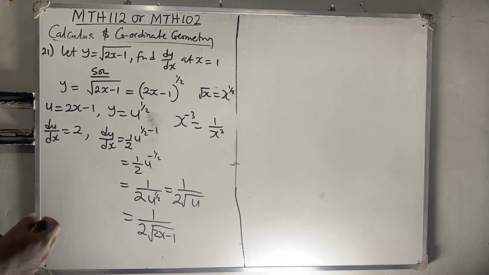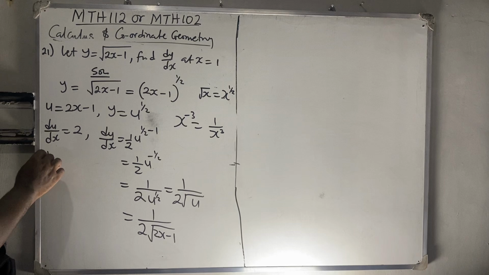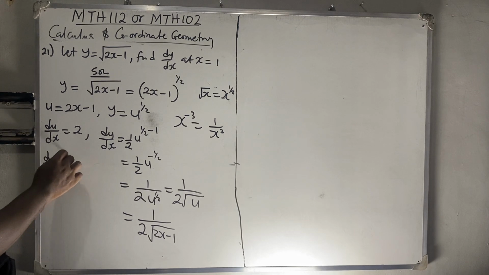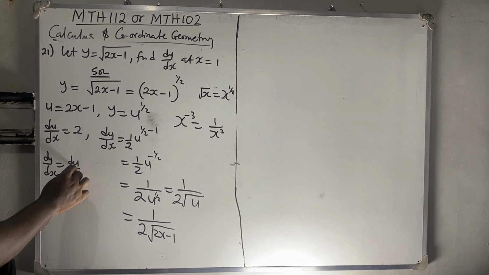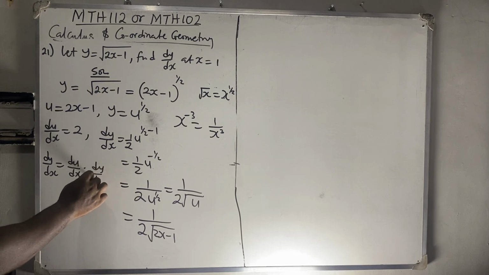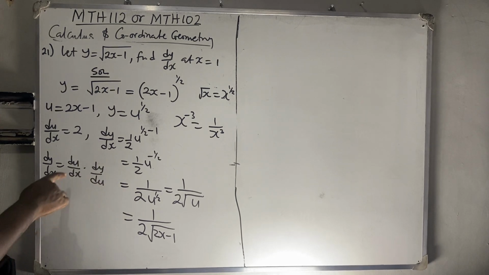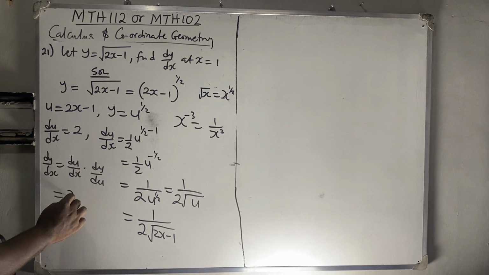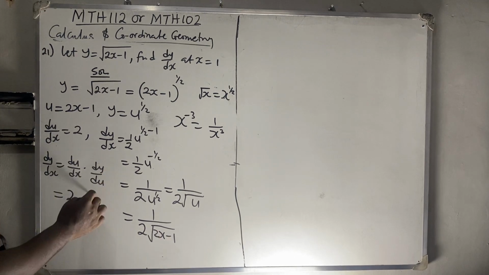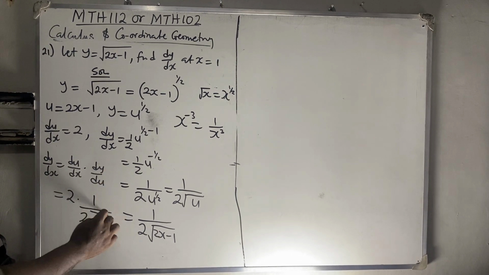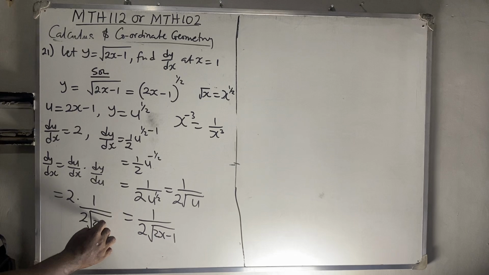So now, my answer becomes dy/dx is equal to du/dx multiplied by dy/du. du/dx is giving me 2, multiplied by dy/du, which is giving me 1 over 2 the square root of 2x minus 1.